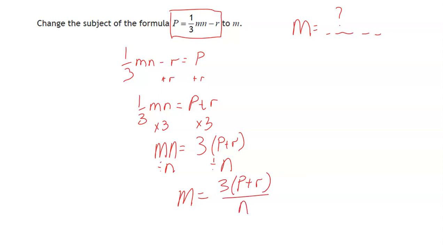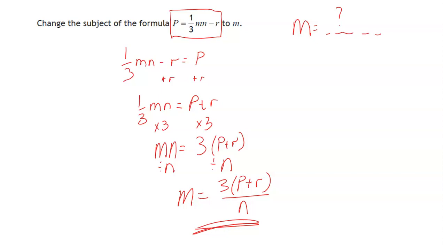So what I've now done is I've taken that formula which had p as the subject, I've rearranged it around, manipulated using my algebra techniques, and I now have m being the subject of my formula. I now have it as m equal to.